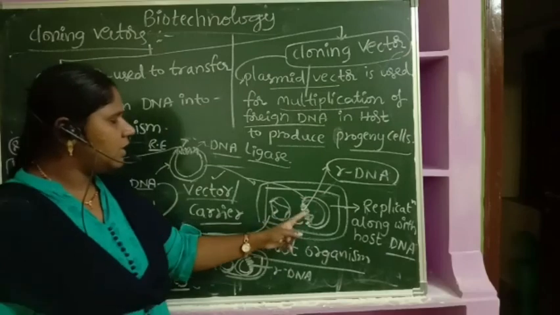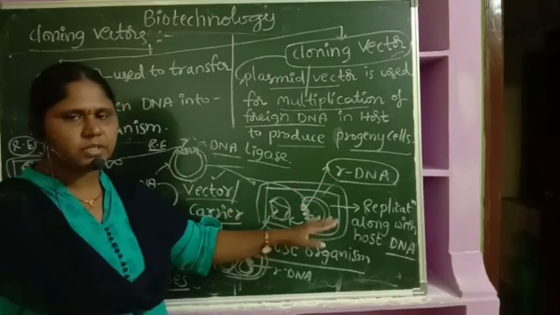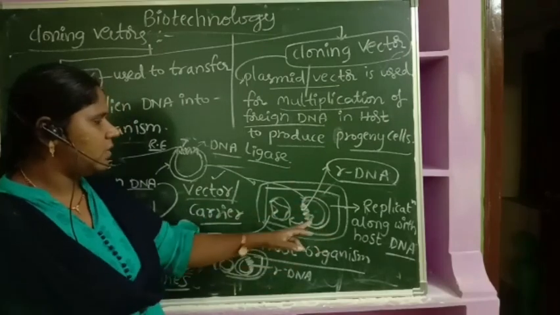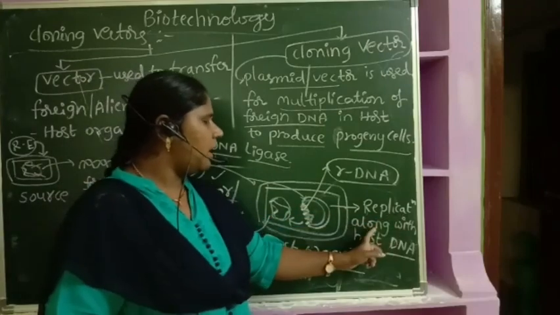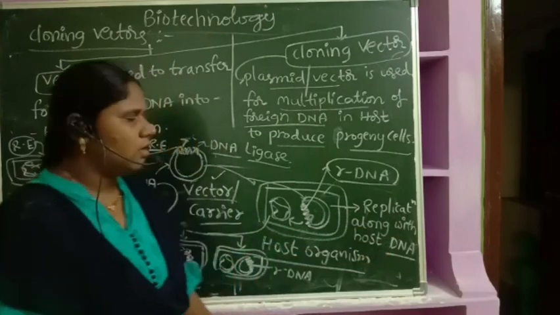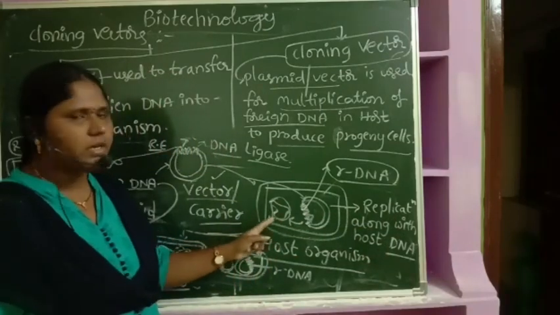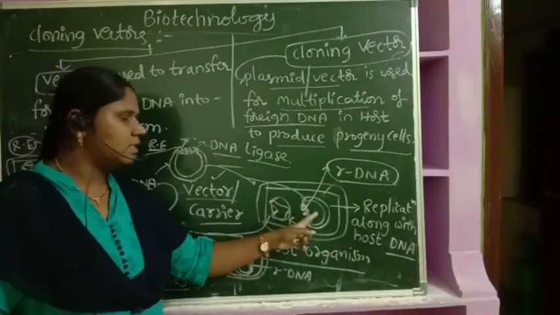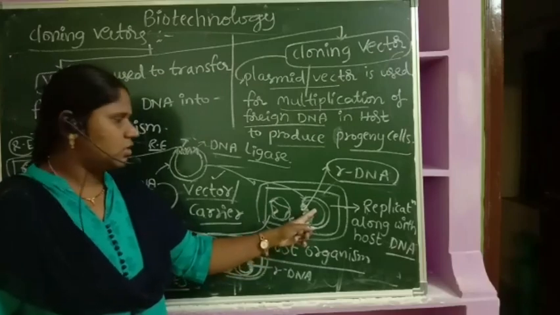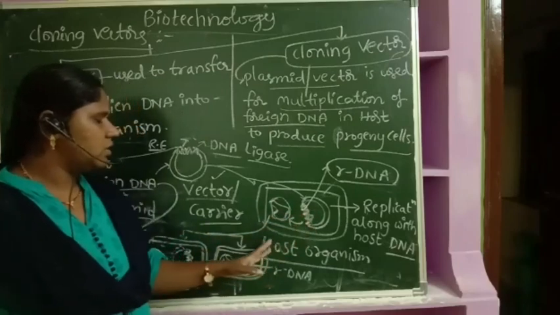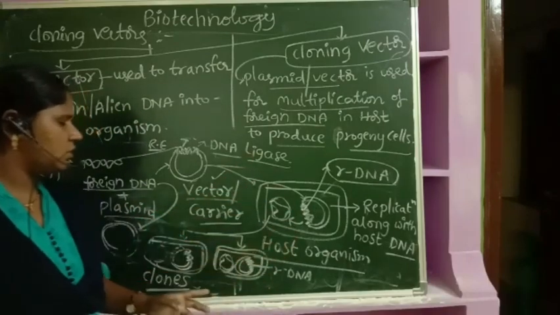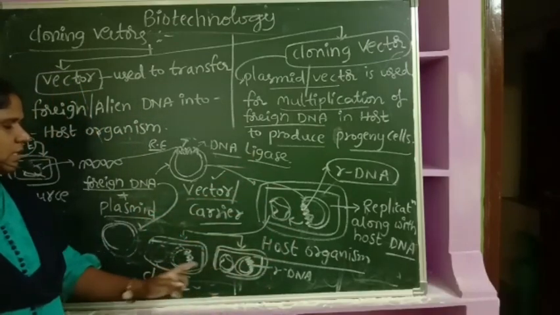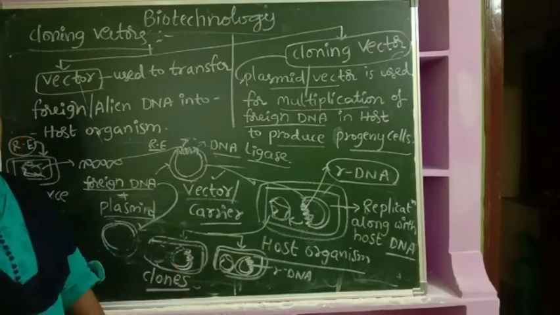Along with recombinant DNA, the vector stays within the cytoplasm of the bacterial cell or in the host organism and undergoes replication along with the host DNA. This is host DNA undergoing replication. Along with that, this is also undergoing replication. When both undergo replication, they multiply in number, they undergo binary fission, and produce daughter cells. And these daughter cells are called what?